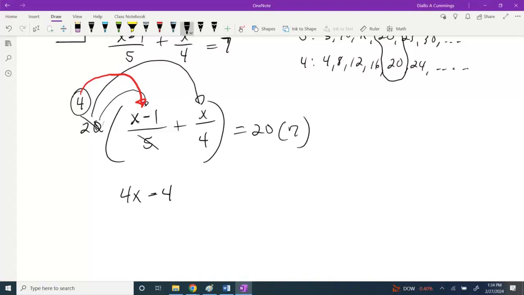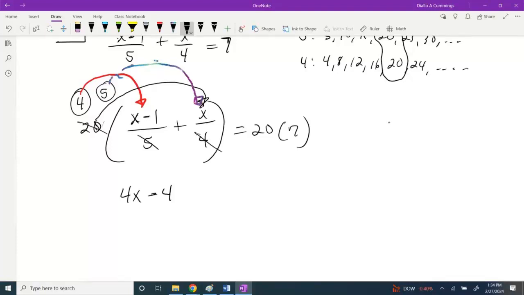For the second term, remember that I'm distributing 20, not 4. So when I distribute 20 with the second term, that 20 divided by 4 reduces to a 5. I want to distribute 5 with my second term.